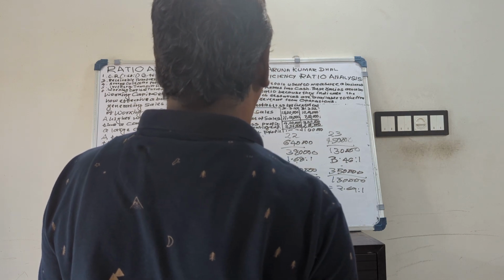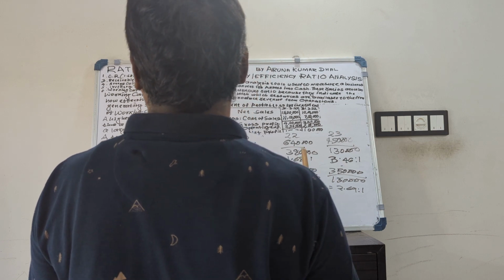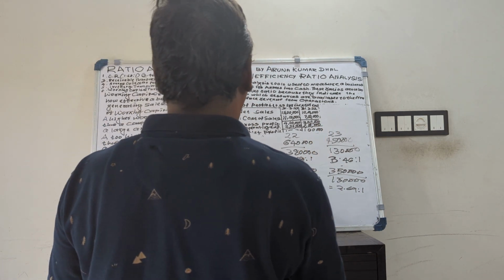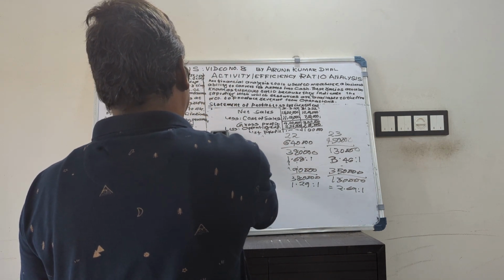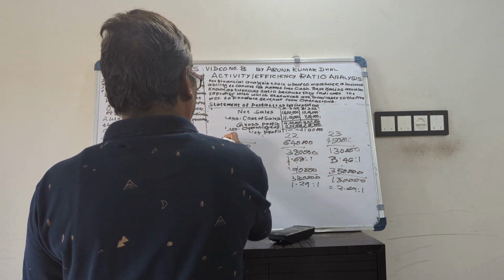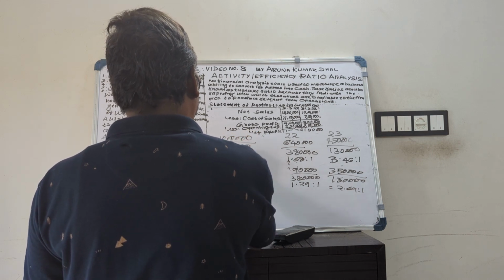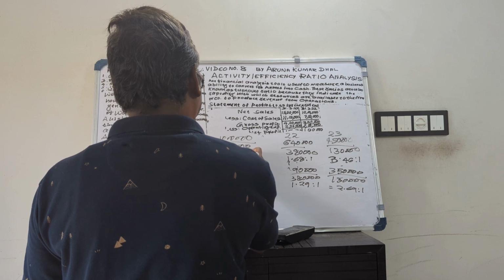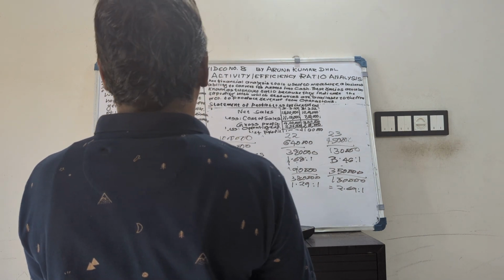When credit sale is not given, we will take the entire sale of 10 lakh as credit sale, because cash sale is not given. So we will take 10 lakh divided by 4 lakh, it is 2.5 times. In 2022 it is 2.5 times.